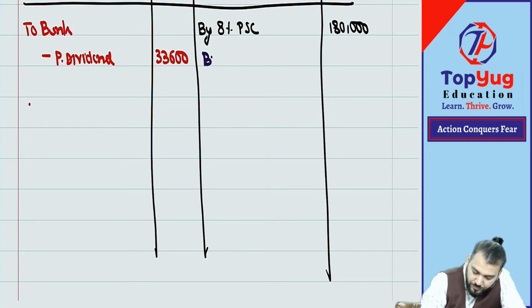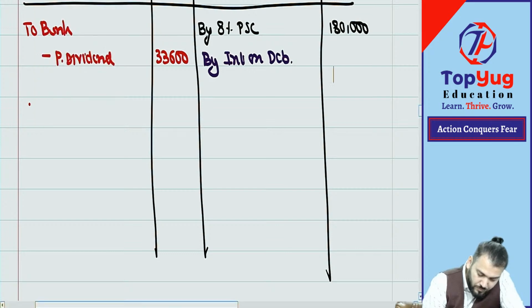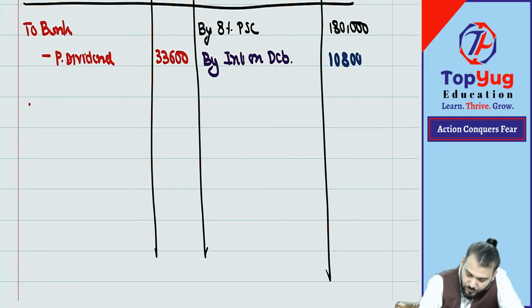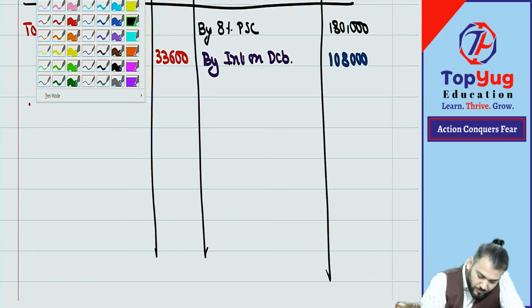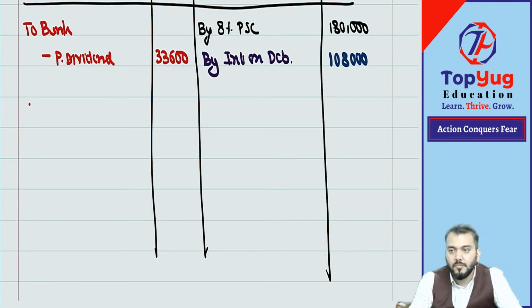Then what? By interest on debenture 1,08,000. Then capital reduction is credited now.